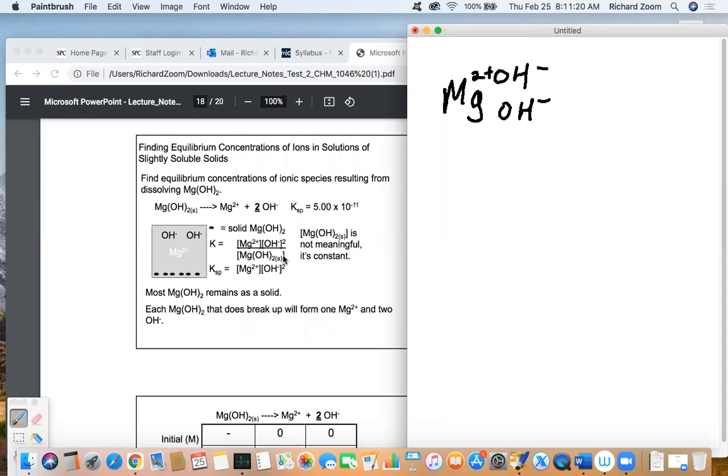So it's a kind of constant value that gets tied up with the K. So what that leaves us with is the Ksp, which stands for solubility product, which is going to be [Mg2+][OH-]^2. Easily derivable from looking at the solid and figuring out how it breaks apart. The square, of course, is important because that matches the 2 on the OH minus. Does anybody have any questions so far?